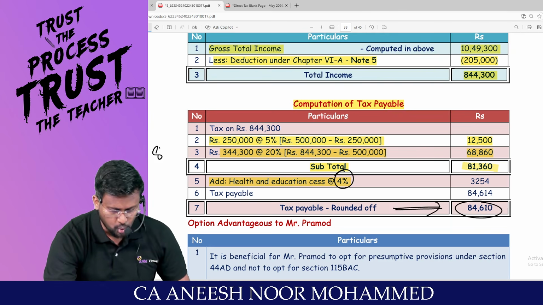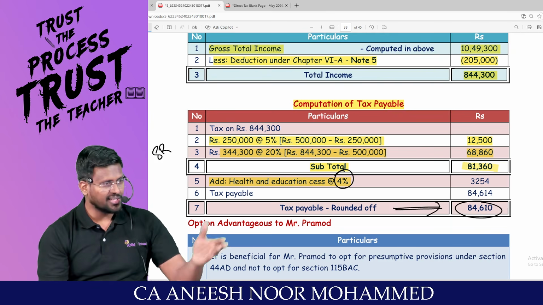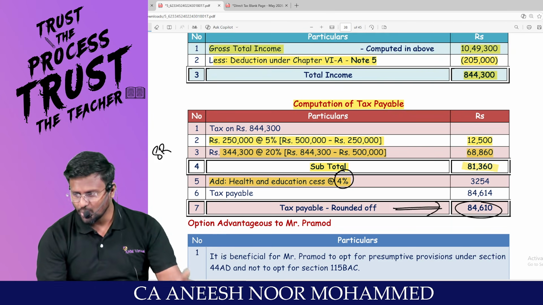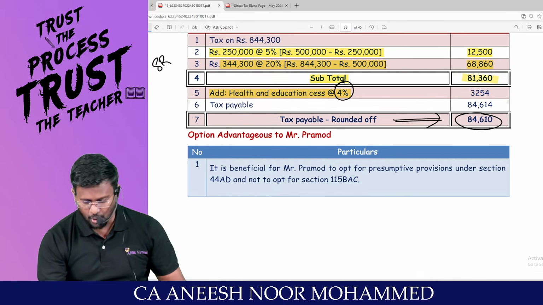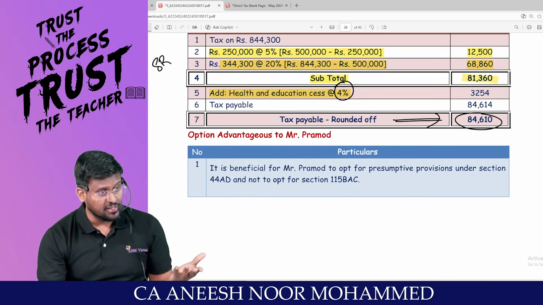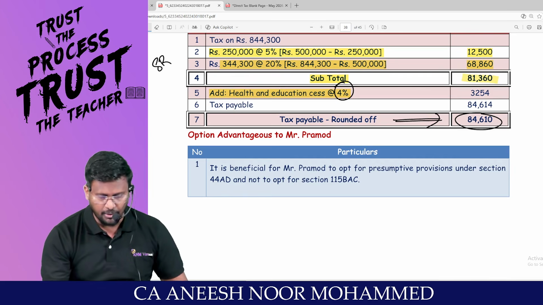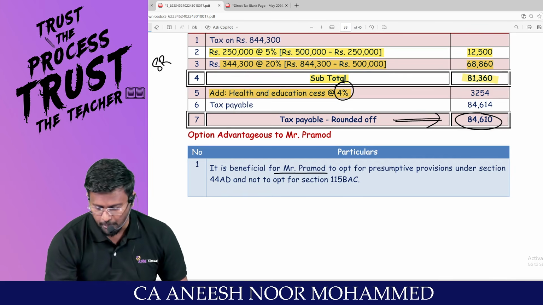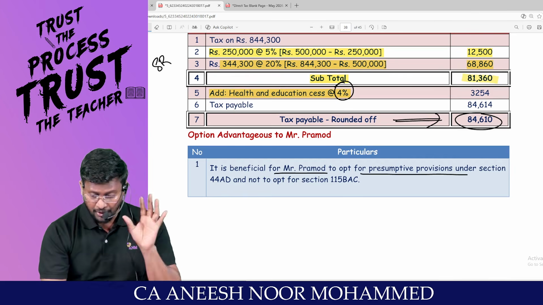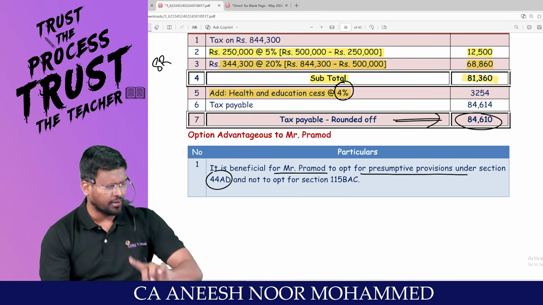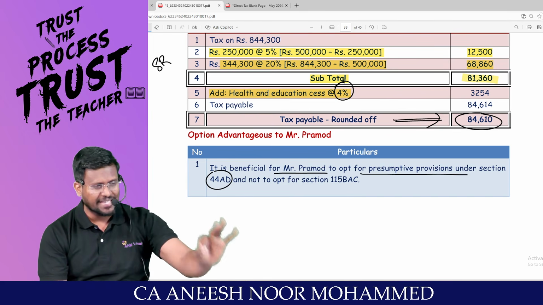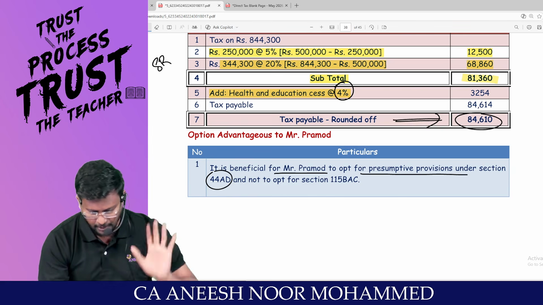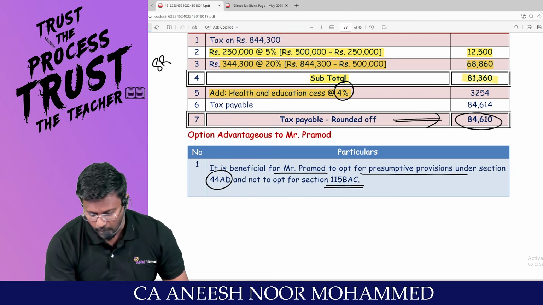This is like a suicide route. There is one option where there is no need to pay tax at all, but here you are liable to pay 84,610. So out of the three available, it is beneficial for Pramod to opt for presumptive provisions under 44AD. Calculate PGBP using 44AD and do not opt for 115BAC.